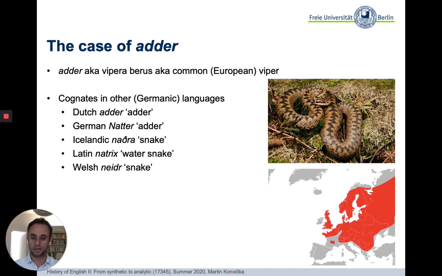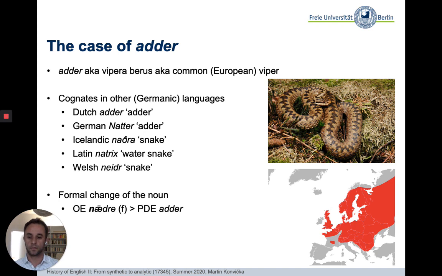And before we start talking about the meaning, there is one important thing that we have to know about the form of this word in English. Because in Old English, and you might recall this from our very first introductory video where I talked about this biblical passage, the fall of man, where the word "nædre" is used, which means adder, right?